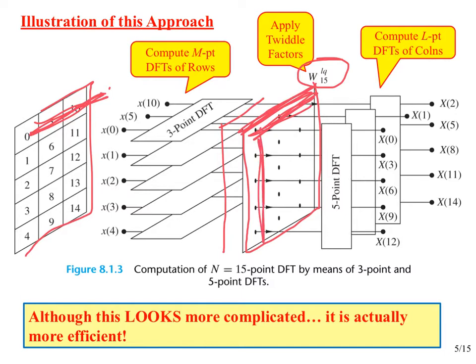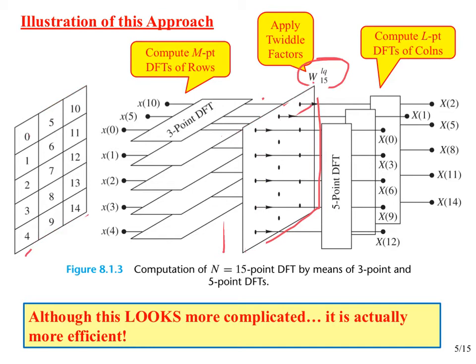So we would index our W sub 15 LQ, that's what our twiddle factors are. So we apply 15 twiddle factors, some of which will be effectively negligible. There'll be ones or some simple things like that.